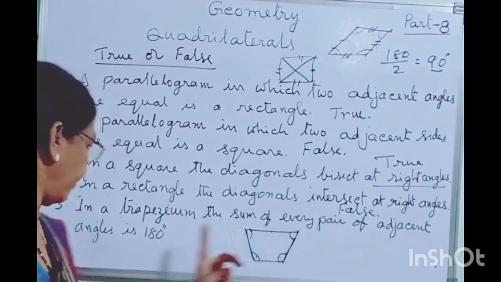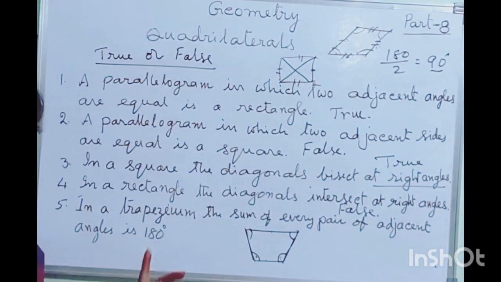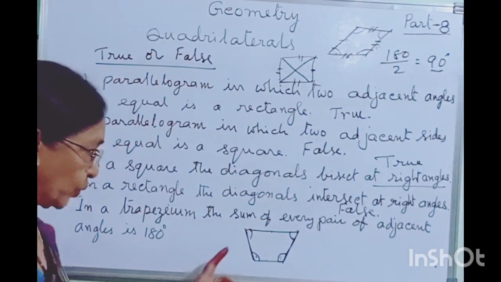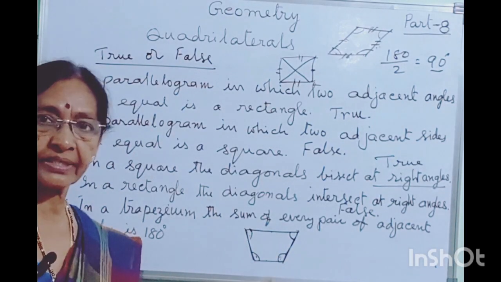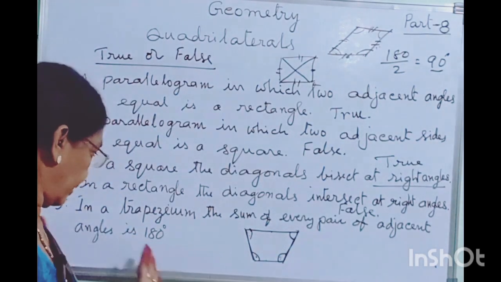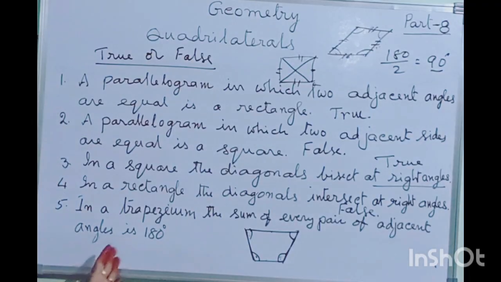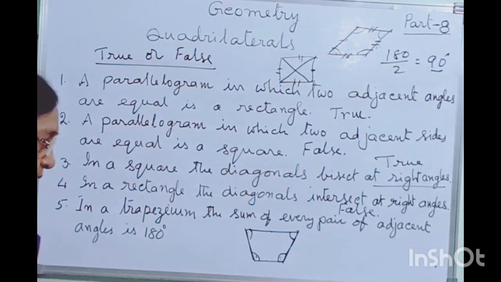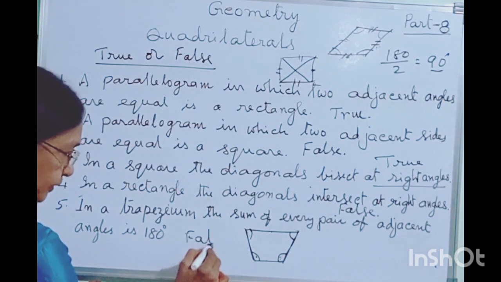So, every pair of adjacent angles is 180 degrees is a false statement. Only two pairs of adjacent angles are supplementary, or the sum of these two pairs of adjacent angles is 180 degrees. Supplementary means the sum of those two angles is 180 degrees. Therefore, this is a false statement.